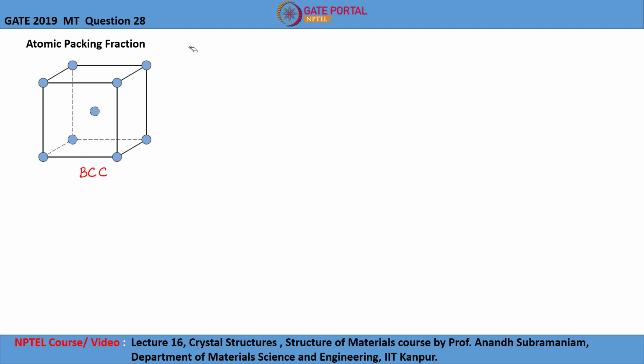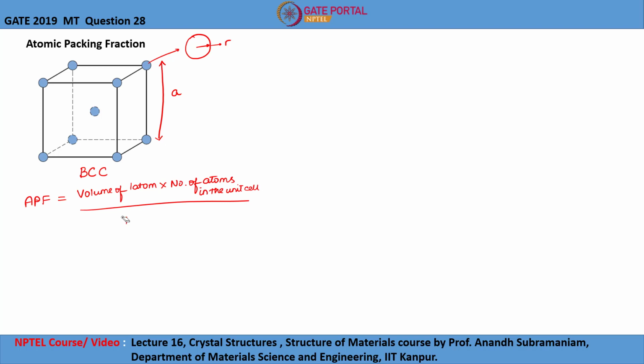For finding the atomic packing fraction, let us assume the lattice parameter as a and the radius of the sphere as r. The atomic packing fraction can be further written as volume of one atom multiplied by number of atoms in the unit cell divided by total volume of the unit cell.